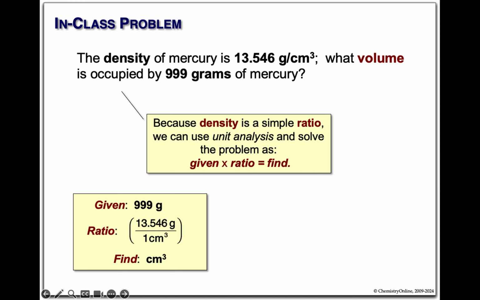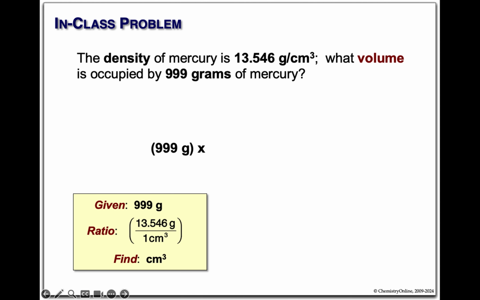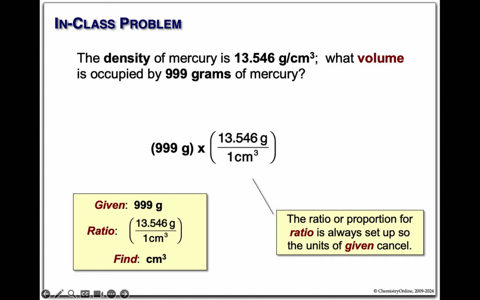We're trying to find cubic centimeters. There's our given. There's our ratio. And suddenly we say, wait a minute. Something's wrong. The units of given have to be in the denominator, not the numerator. So what do we do? Just take it and flip it upside down. That's all. It's totally legal.